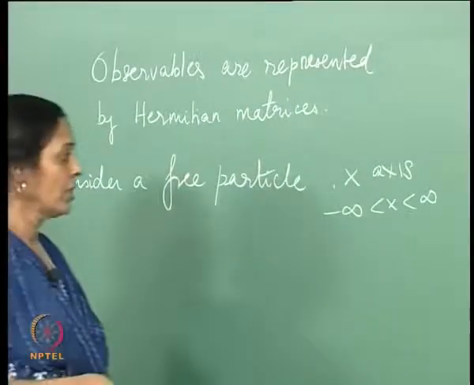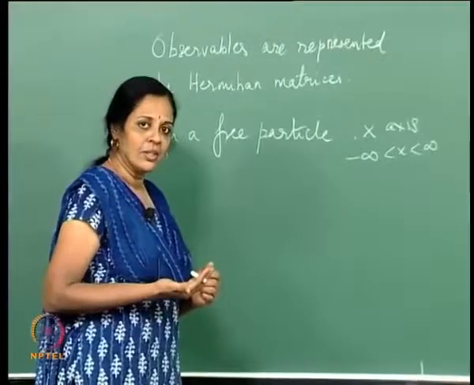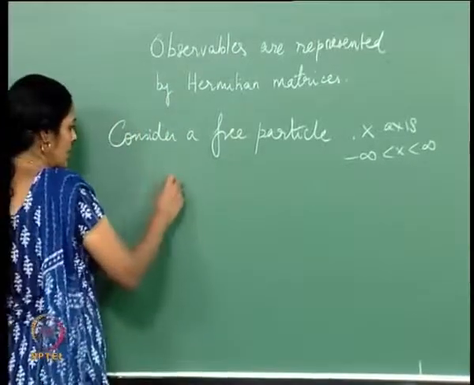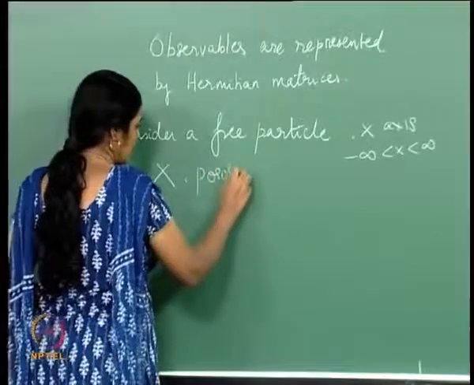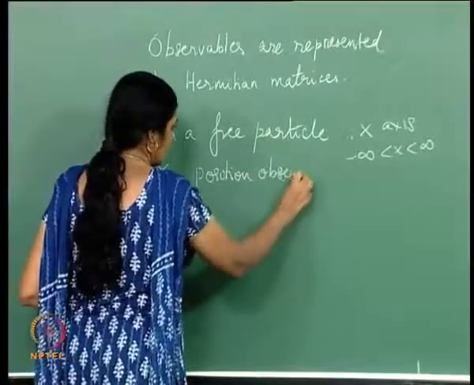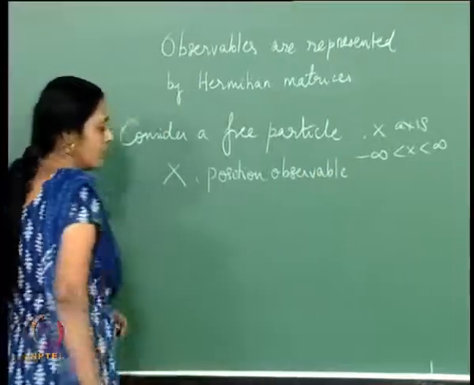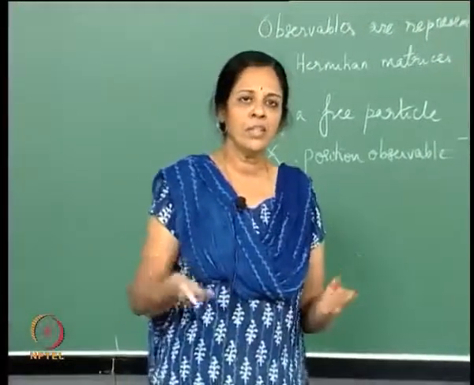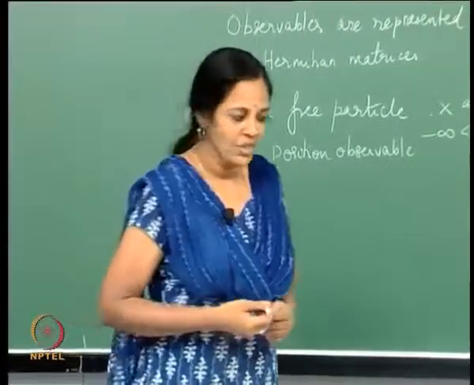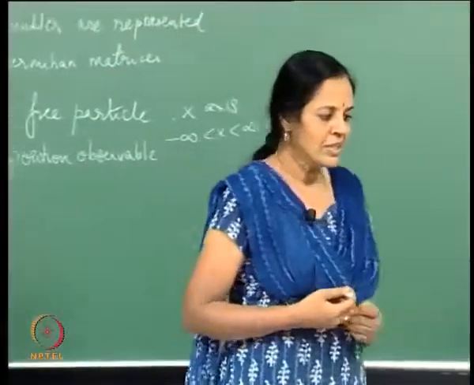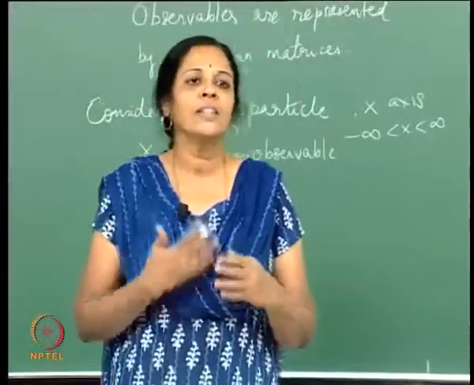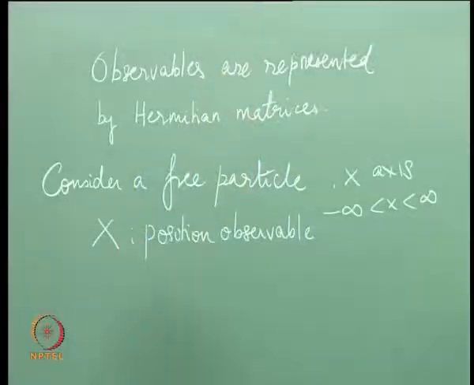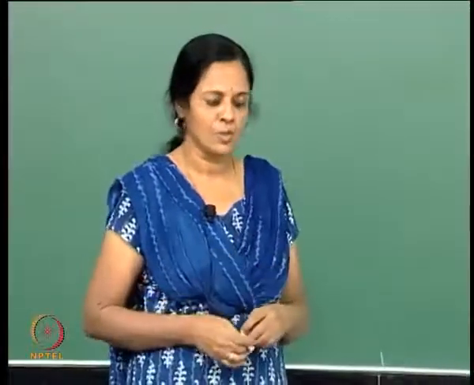It is pretty clear therefore that if I measure the position of the particle, the observable is position, there will be an infinity of eigenvalues available in this problem, which means that the Hermitian matrix representing the position observable should be an infinite dimensional matrix, and therefore the linear vector space in consideration is an infinite dimensional linear vector space.